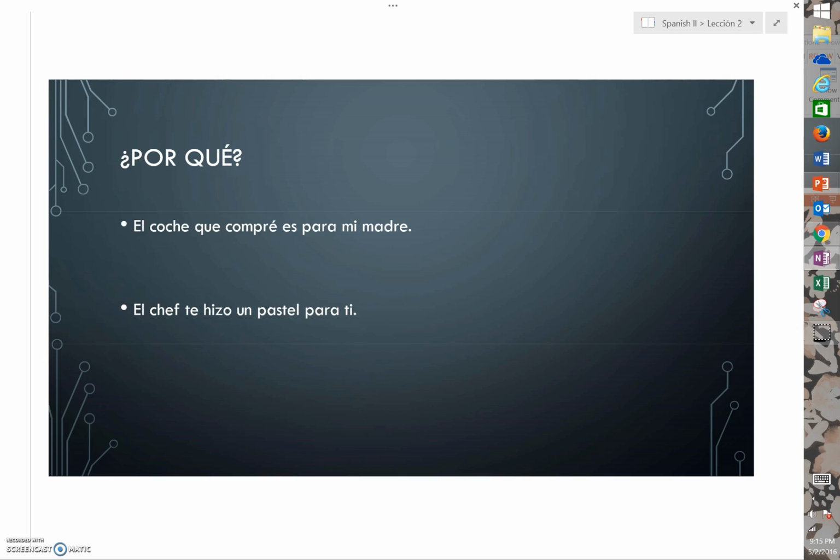Our first sentence says, the car that I bought is for my mom. The second sentence says, the chef made you a cake. What are both these sentences talking about? Both of them are expressing to whom or for whom something is occurring. Ooh, to whom / for whom.